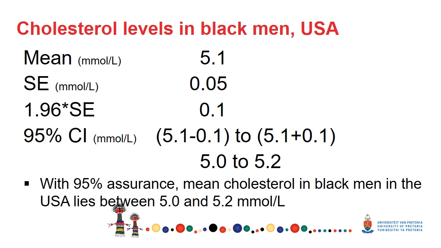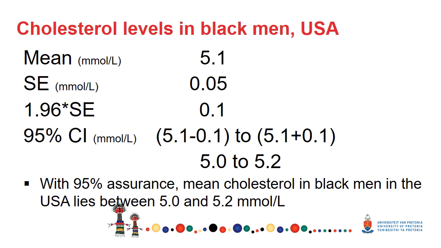We continue with the example from the previous slide. Remember that the mean cholesterol level in black men in the USA calculated from the sample was 5.1, and the standard error we calculated by dividing the standard deviation by the square root of n, which was 1.4 divided by the square root of 749, and we got 0.05. 1.96 times the standard error, which is in the formula, is 1.96 times 0.05, and we get 0.1.